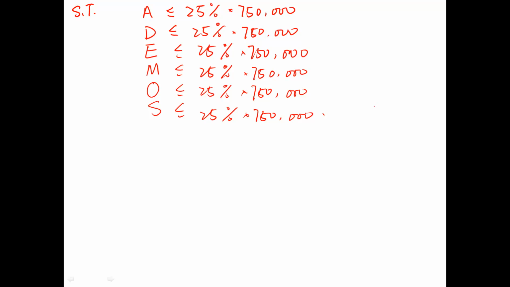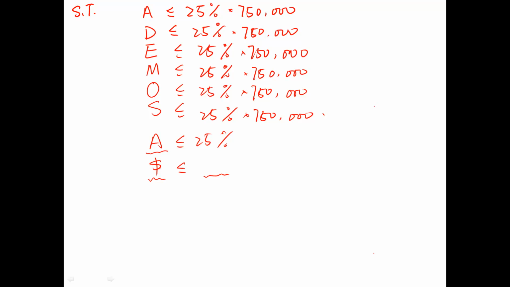The one thing I want to note here is a common mistake I noticed from previous students was that some students tend to write this constraint as A less than or equal to 25%, which is wrong based on our definition, because our definition of the decision variable is the amount of money that is put in each of those investments. And if you don't multiply by this $750,000 here, then the unit on both sides of the constraint will not be the same.